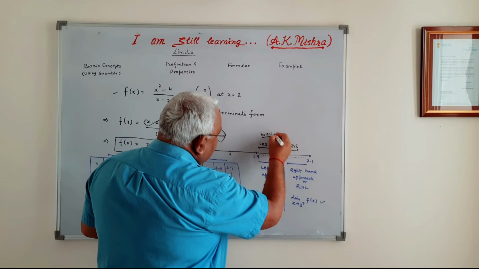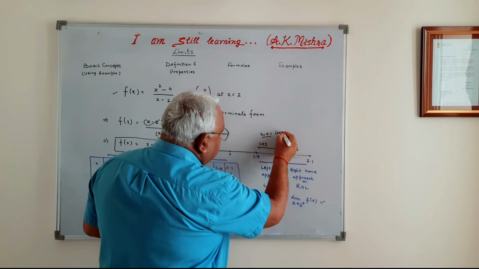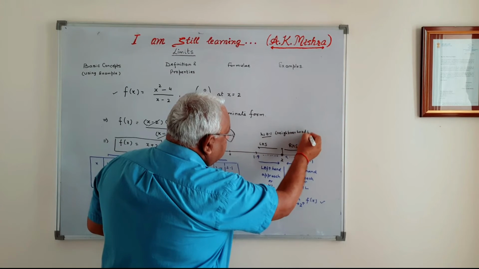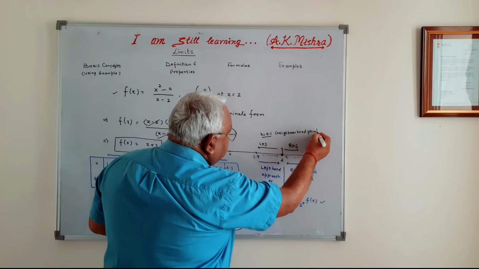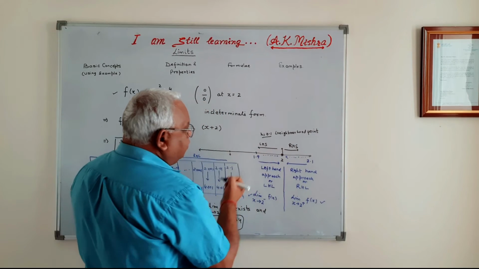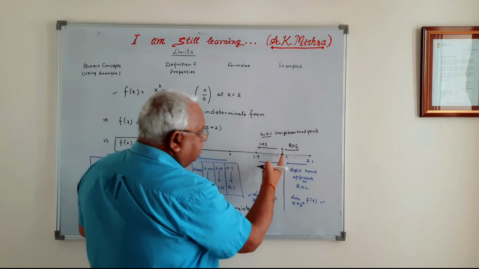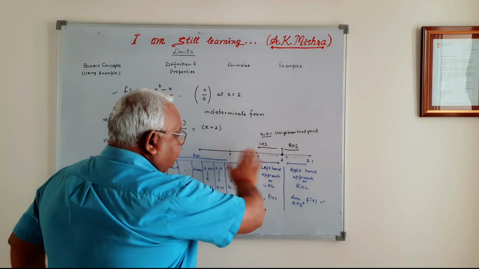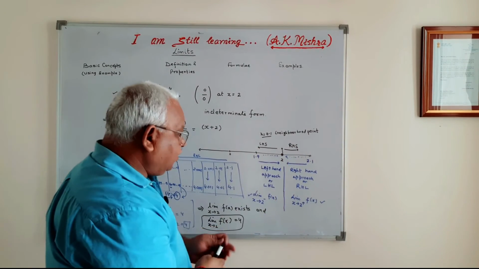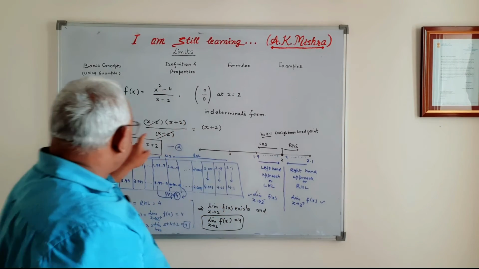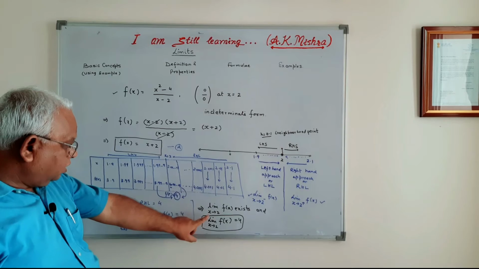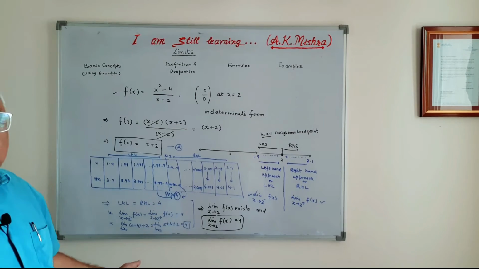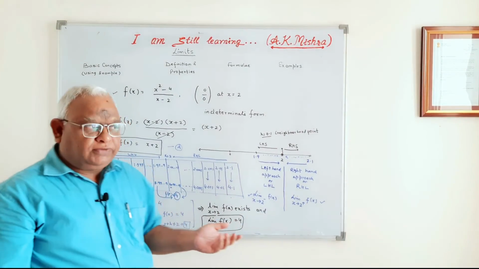This h is called neighborhood point. Neighborhood point means you are moving 0.1 towards the left and 0.1 towards the right, and you are approaching from left hand and right hand to see how the behavior of this function changes when you are talking about limit x tending to 2, and under what condition you can say that limit of the function exists.